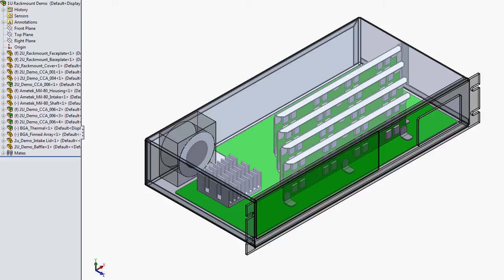Okay, going to be doing a CFD analysis. It's a demo here for this. This is a 19-inch equipment rack-mounted box, 2 units, 2U, as a demo. So basically what I've done is we have a kind of a main board, 4 daughter cards.